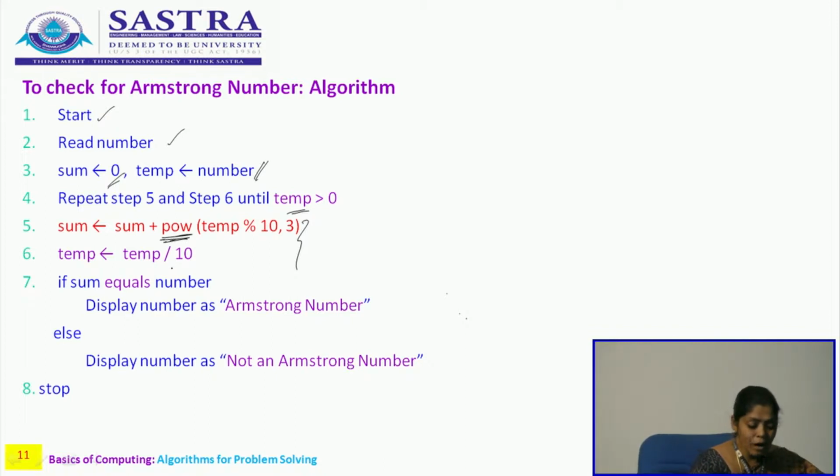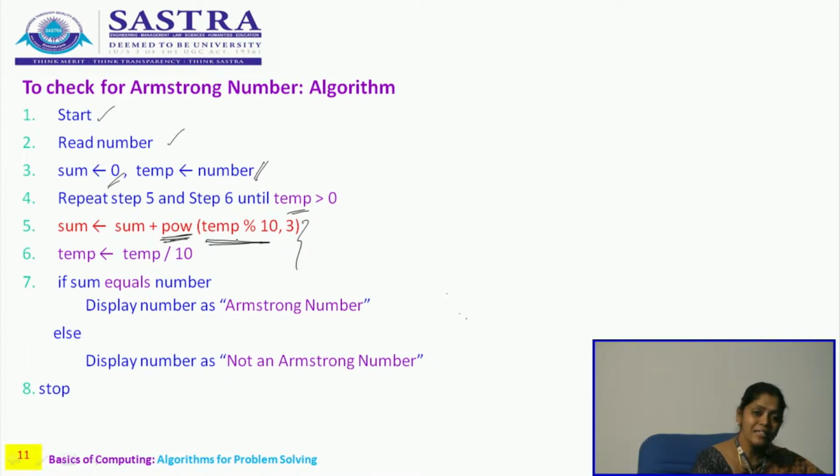Here the steps are, actually we have to extract each digit separately. So for extracting the digit, we are doing this operation, that is temp mod 10. When we do modulus operation, the remainder will be the last digit that can be stored.